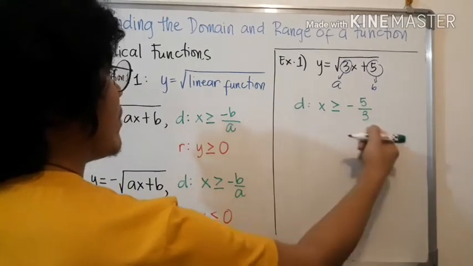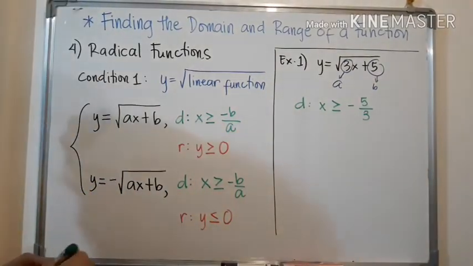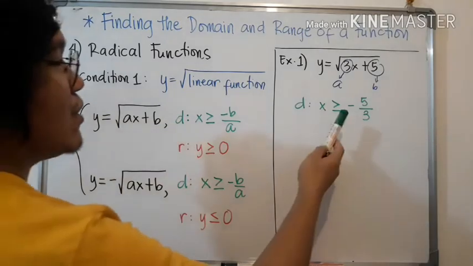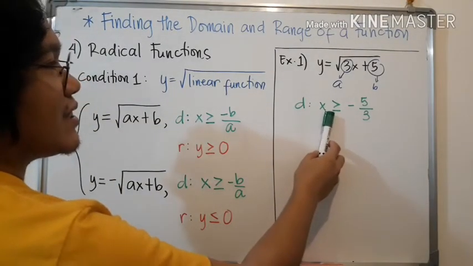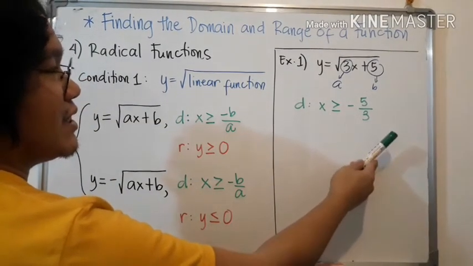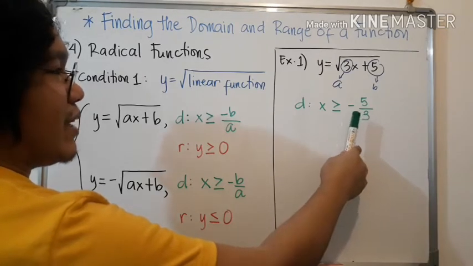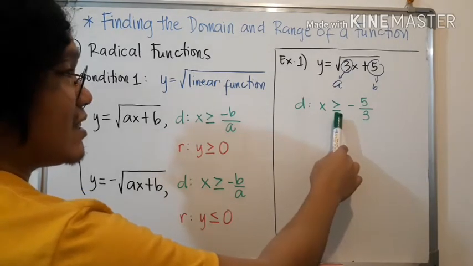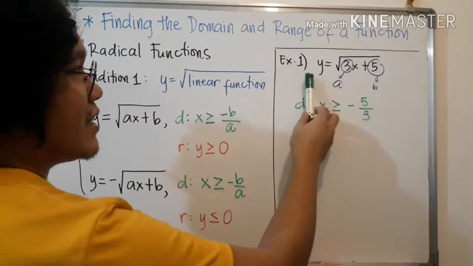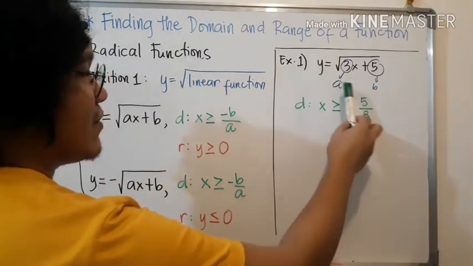Meaning, this radical function is defined only for all x greater than or equal to negative 5/3. Otherwise, if x is less than negative 5/3, this radical function is not defined.